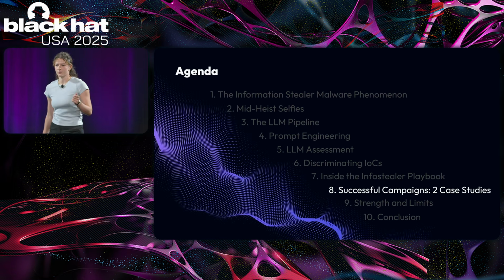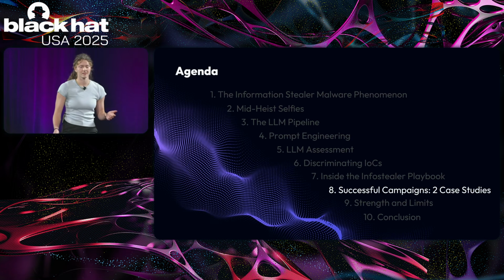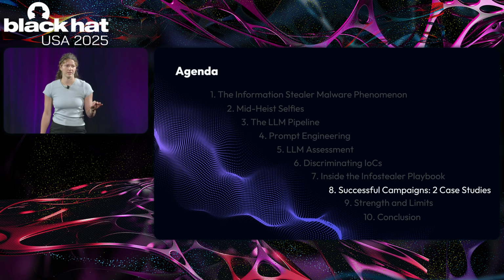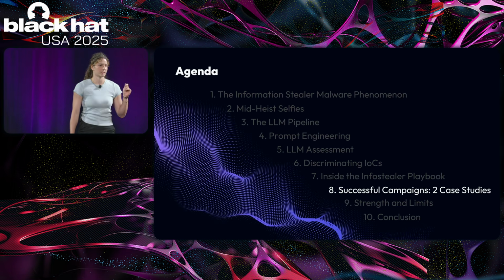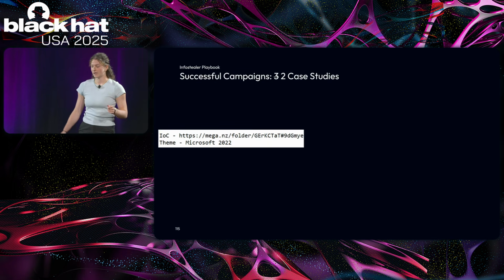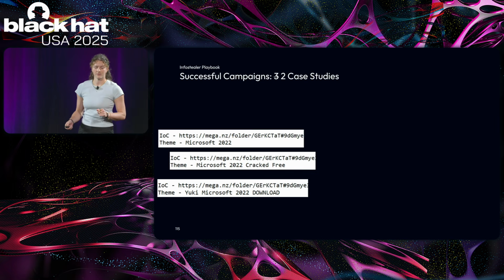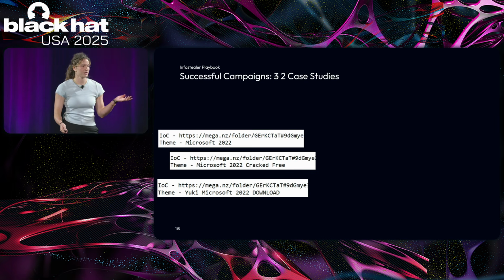Now that we've seen the lure and the distribution techniques, we could track successful campaigns using those techniques. And those are 2 case studies or textbook examples so you guys can understand how powerful those techniques are. How we found the 2 campaigns, we simply looked at the IoC feed, and the same IoC and theme came back over and over again.